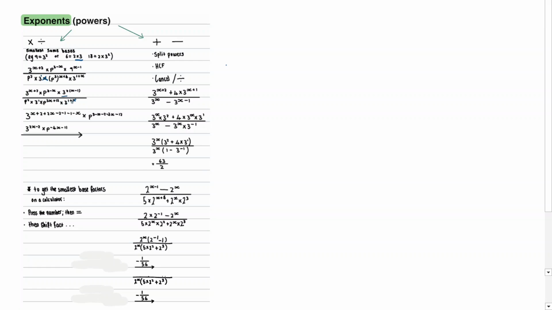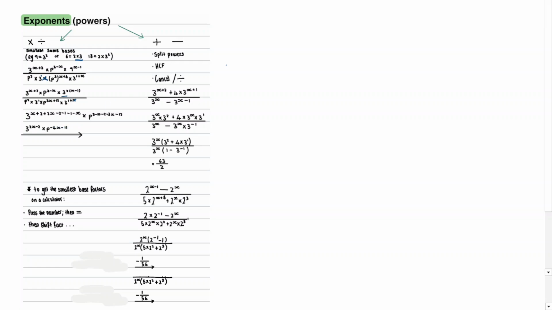And there was a 1 plus x, which becomes minus 1 minus x. I write a massive p, and I look at the powers of p on the top, and it's 3 minus x, and there's a 2, so it will become minus 2, and the 3x plus 12 becomes minus 3x minus 12. Then all I really have to do is kind of grade 8 vibes of just collecting the like terms, and so it just becomes 3 to the 2x minus 2 times p to the minus 4x minus 11.